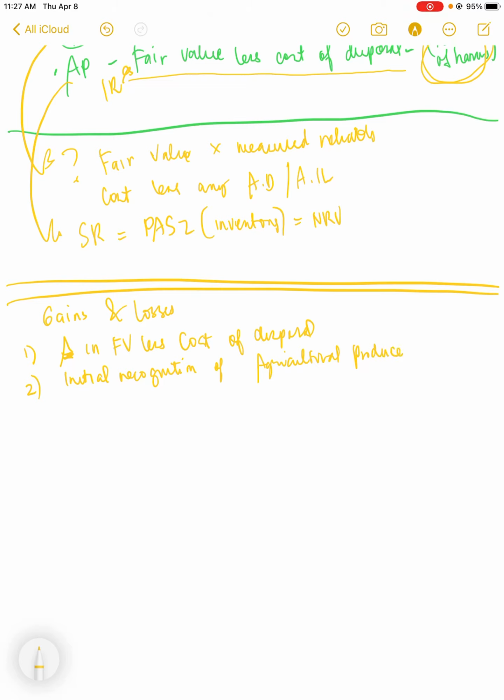O, bakit naman po magkakaroon ng gain or loss on the initial recognition of agricultural produce? So, halimbawa, meron kang sheep. So yung agricultural produce natin doon is the wool. So, when you harvested the wool on or from the sheep, wala tayong ma-identify doon na naging gastos natin.